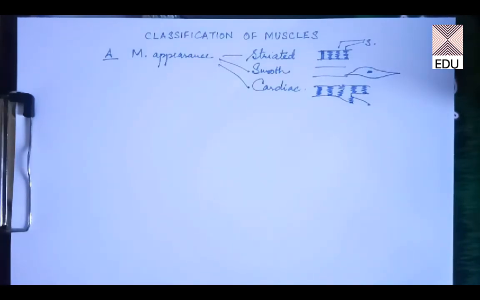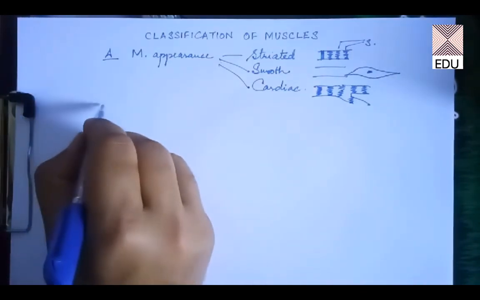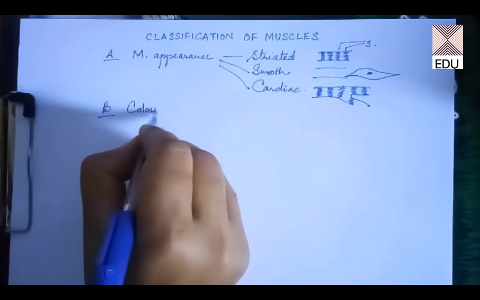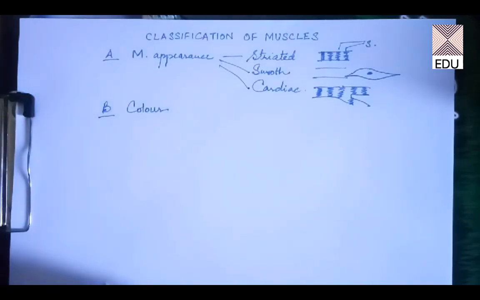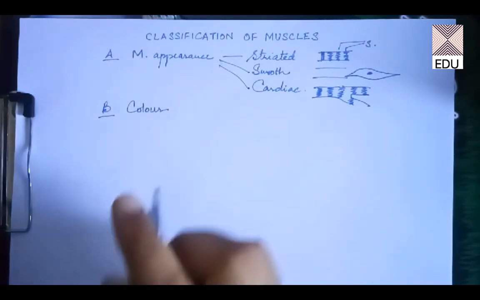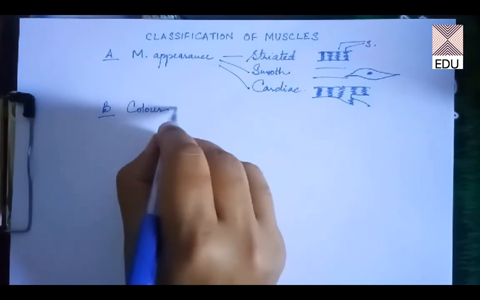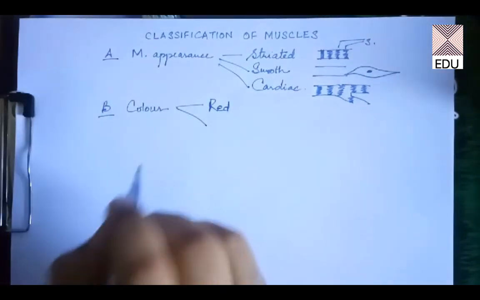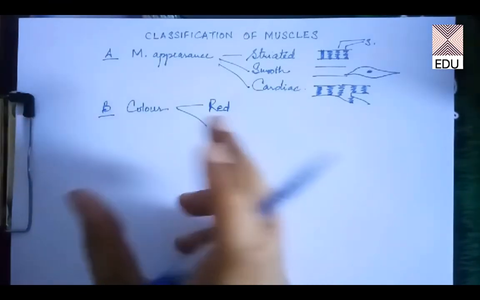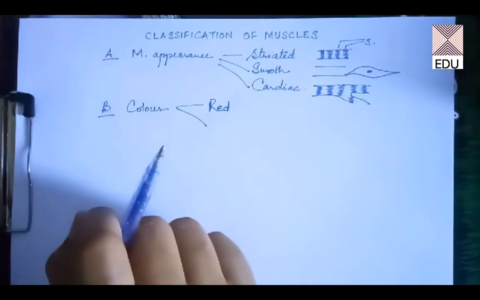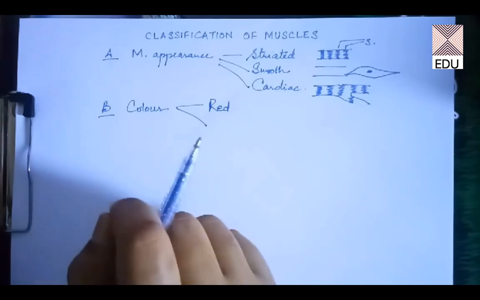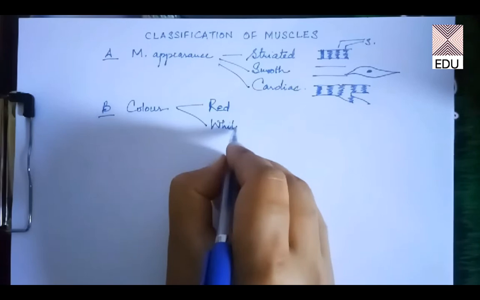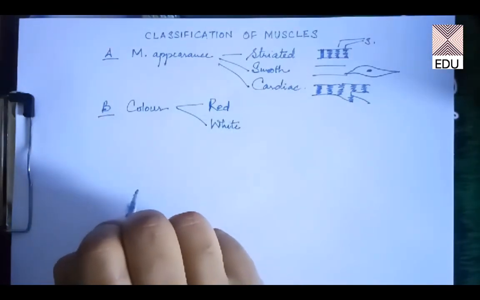Now the second criterion is the color of the muscle. On the basis of color, muscles can be red, as they have a very large blood supply, or they can be white muscles.